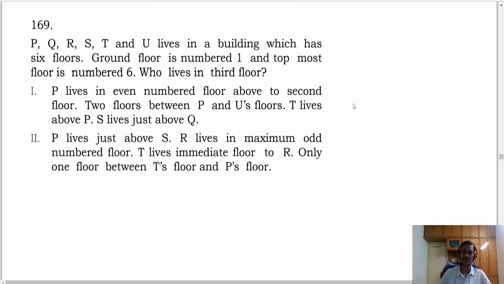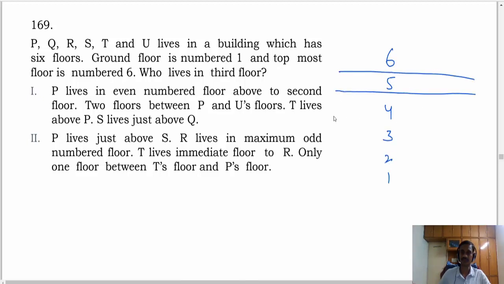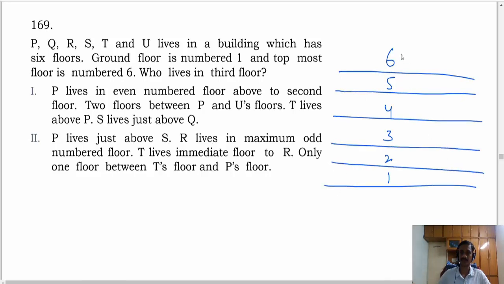Now a 6 floors building: 6, 5, 4, 3, 2 and 1. Now 6 persons are there, staying on 6 different floors of a building. P lives on an even number floor above the second floor.